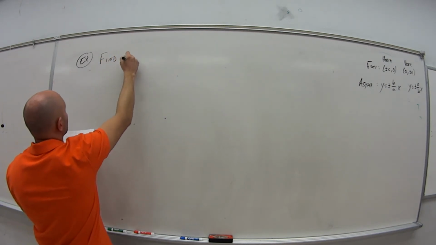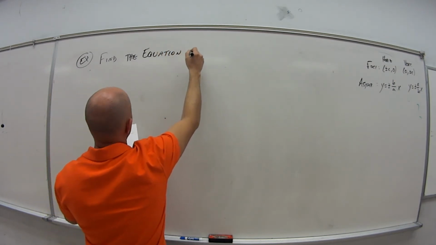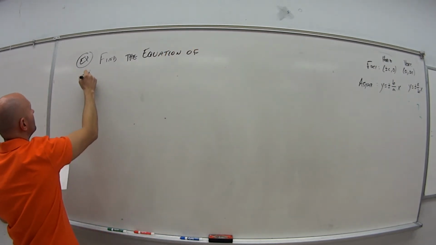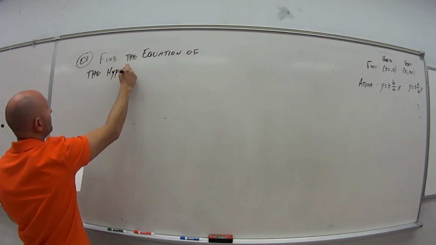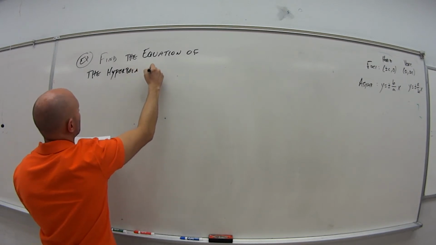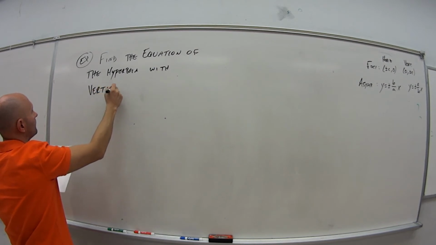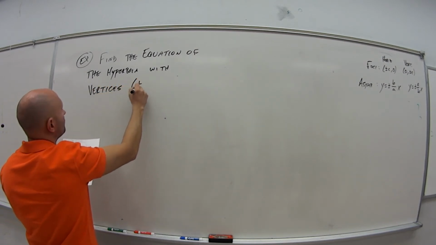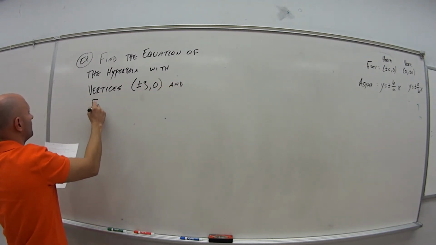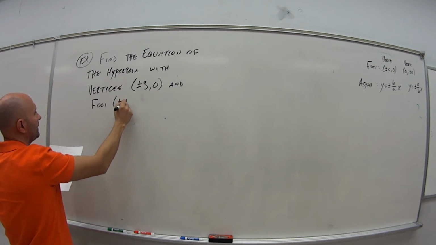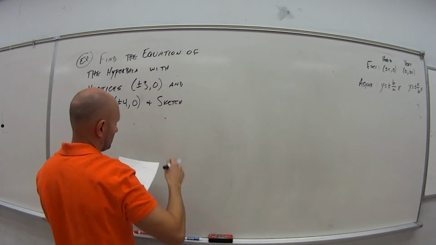So what we have is: find the equation of the hyperbola with vertices plus or minus 3, 0, and foci plus or minus 4, 0, and then sketch it.